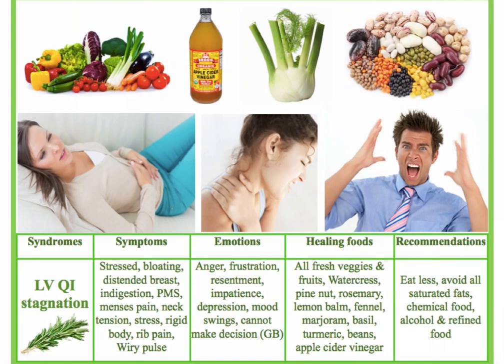And so a liver qi stagnation is probably one of the most common patterns in TCM diagnosis. I think all of us have experienced liver qi stagnation at one point or another, right? So basically feeling stress, feeling tense, feeling rigid, feeling tight, feeling stuck emotionally, feeling frustrated or resentful, or having mood swings, specifically at PMS for women, right?